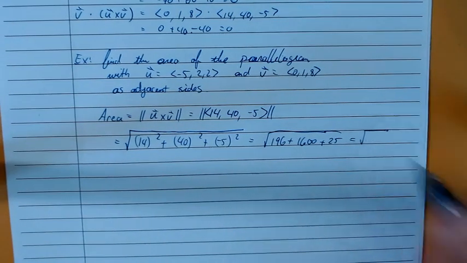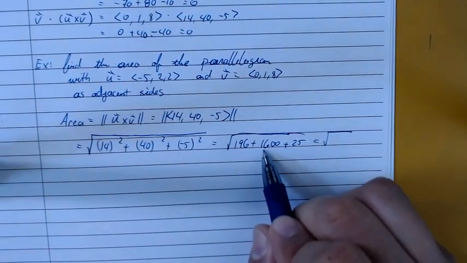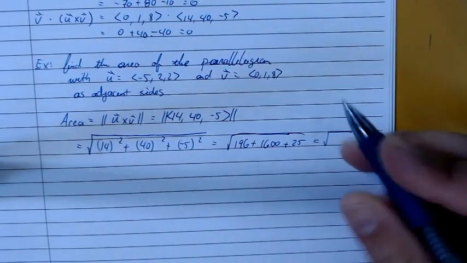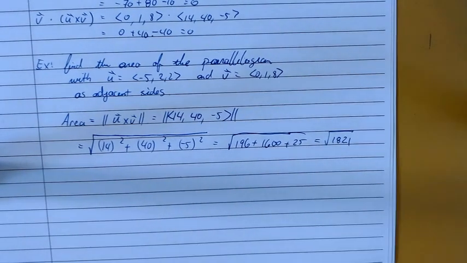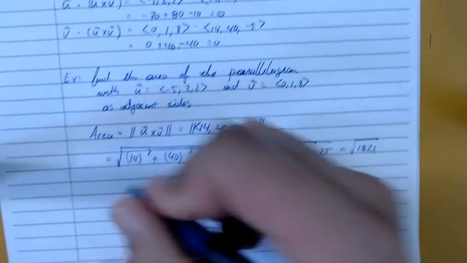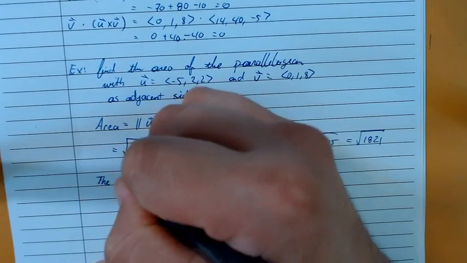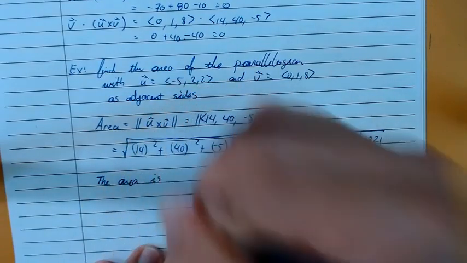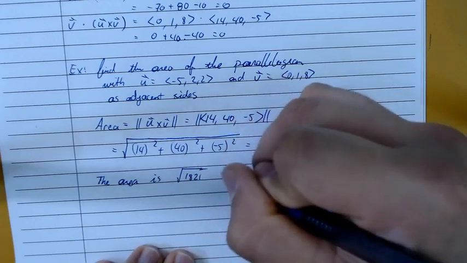So that'll be the square root, let's see, 17, 18, 21. And that's our result. So that must mean that our area, the area of the parallelogram, is the square root of 1821 square units.